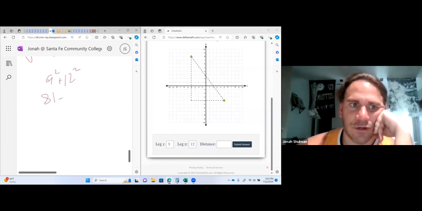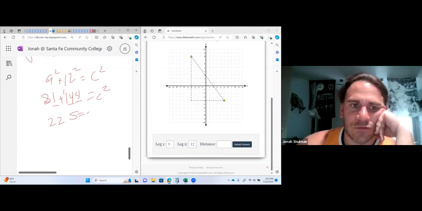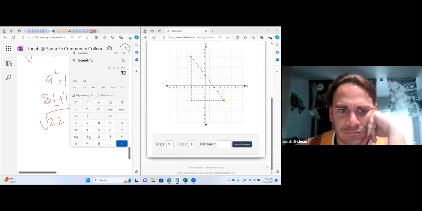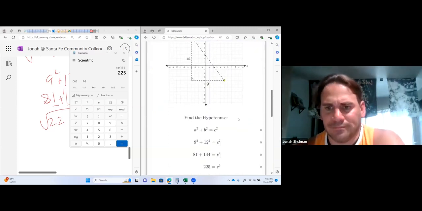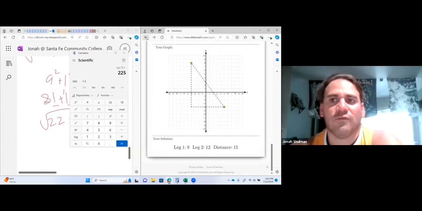So it's 81 plus 144 is c squared. 1 and 4 is 5. 8 and 4 is 12. 225 is c squared. What's the square root of 225? Is that 15? Yeah. Well, I'm not rounding. I'm giving them the right answer. Why'd they say round? I don't know. Oh, that's like if it was a decimal.